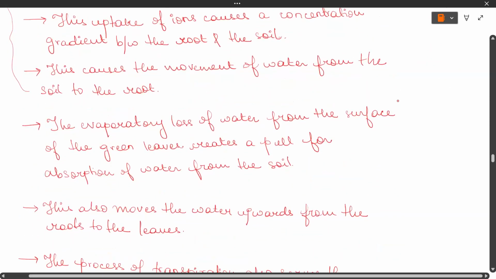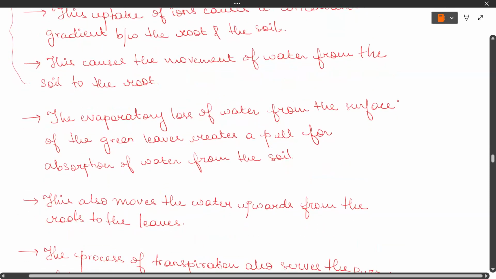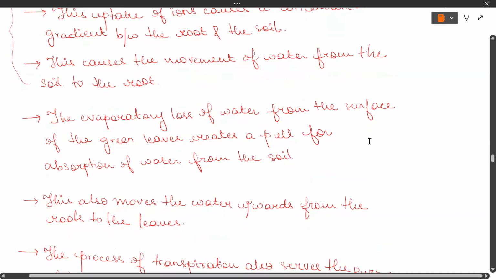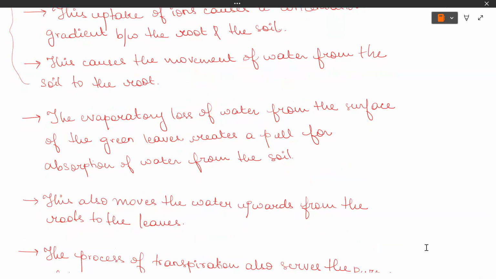Do you know what is the name of the evaporatory loss of water from the surface of the plant? What is this process known as? The water loss of the plant? Transpiration, right? Yes, transpiration.